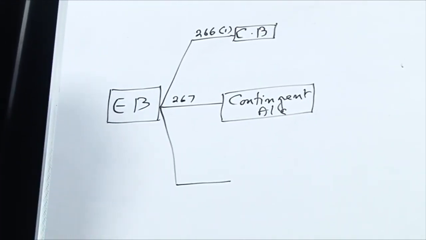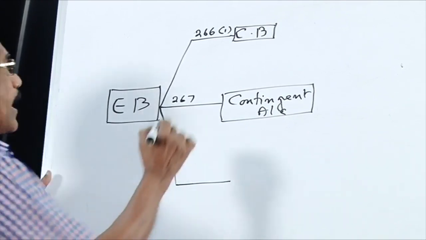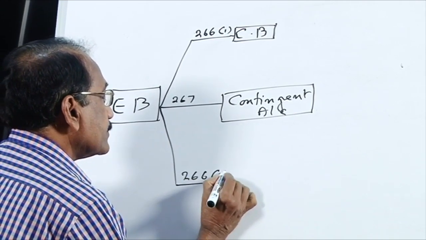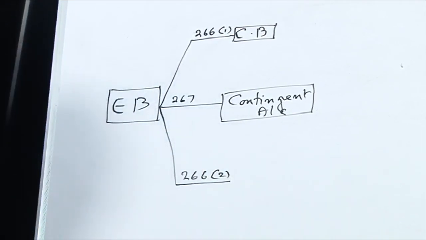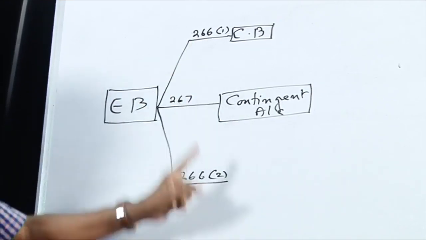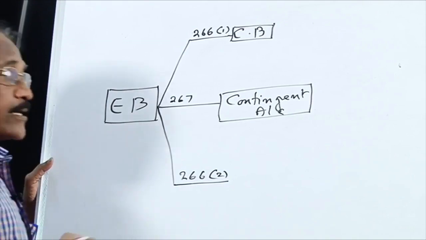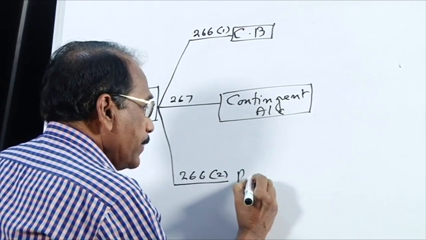The contingent account is prepared under article 267. Then, according to article 266(2), we have another account known as the public account.